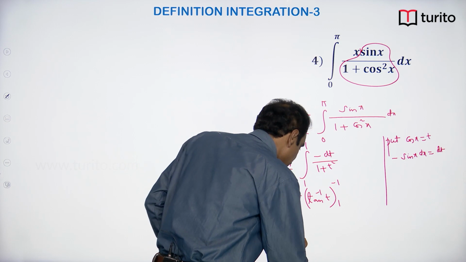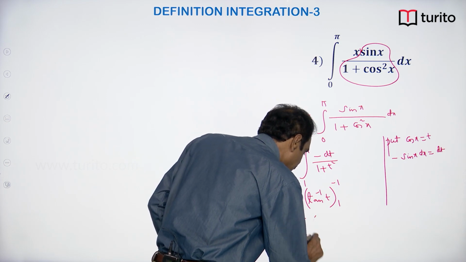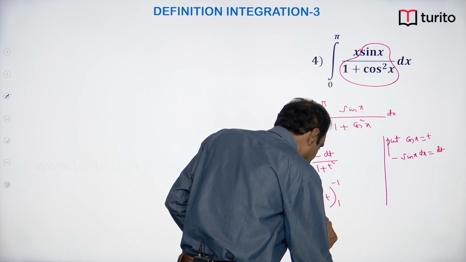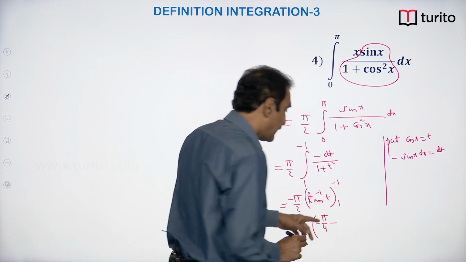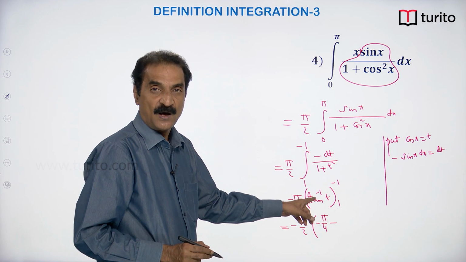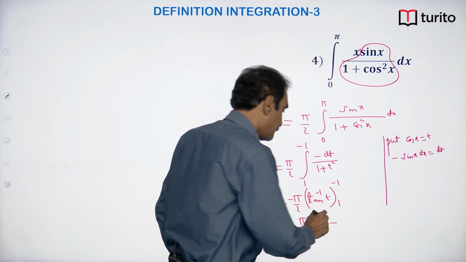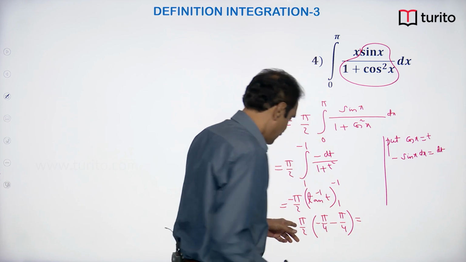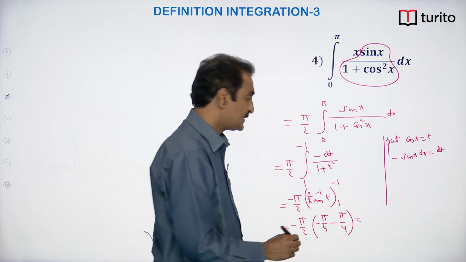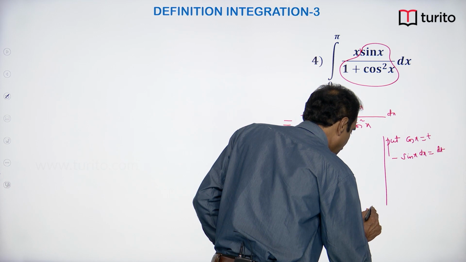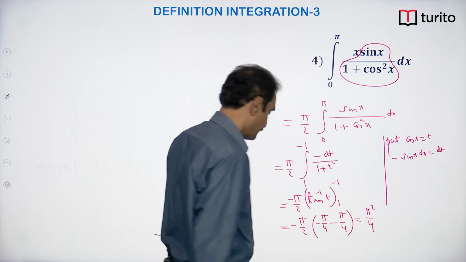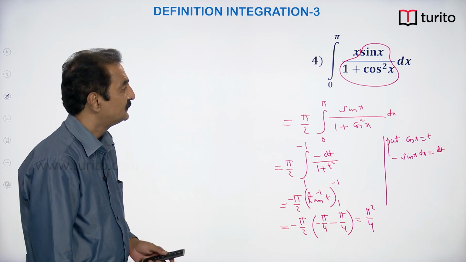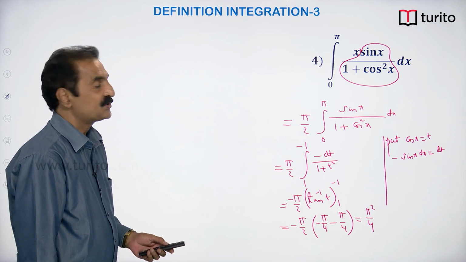Substituting minus 1, tan inverse minus 1 is minus pi by 4, minus substituting 1, tan inverse 1 is pi by 4. If you simplify it, you will get the answer pi square by 4. Okay. Next question.